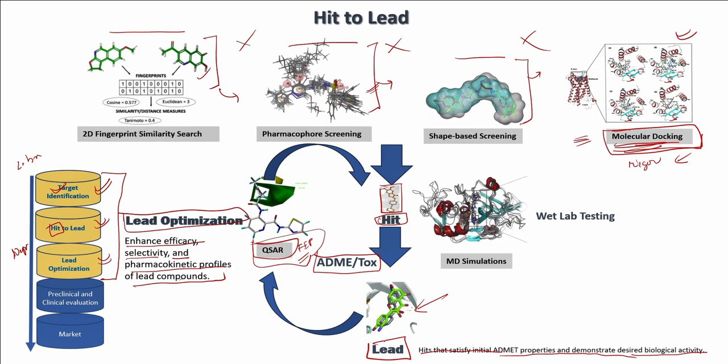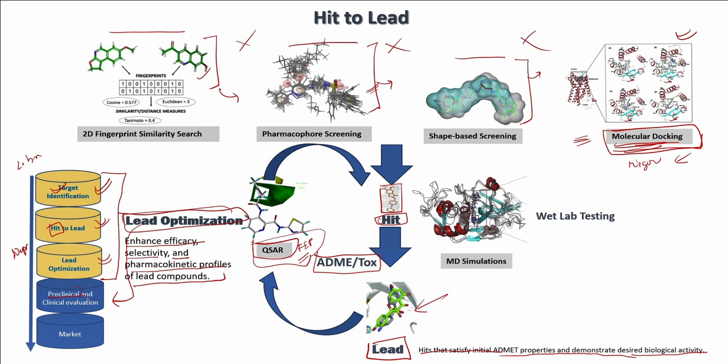If you have positive results, you will have to go for approval. Once it is approved, it will go to the market. So this is in a nutshell the workflow or the pipeline for drug discovery, and these are some of the popular methods that we use.